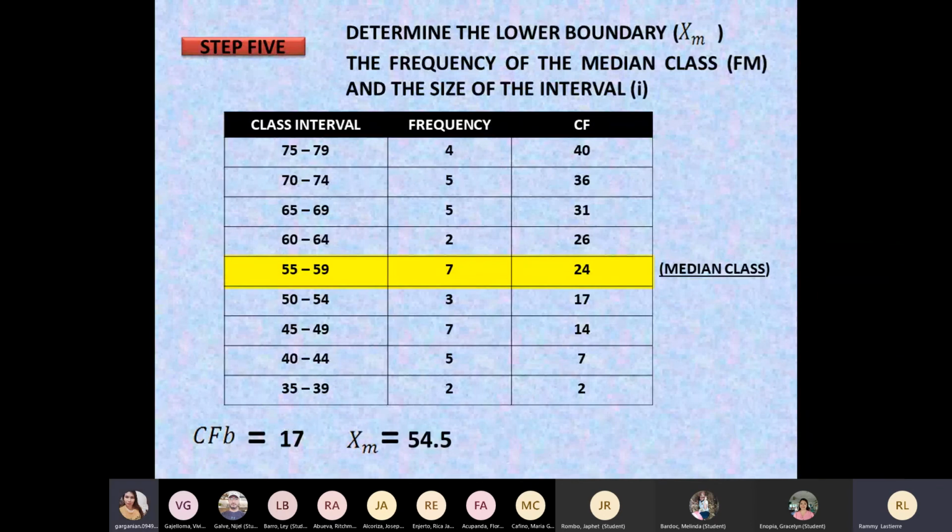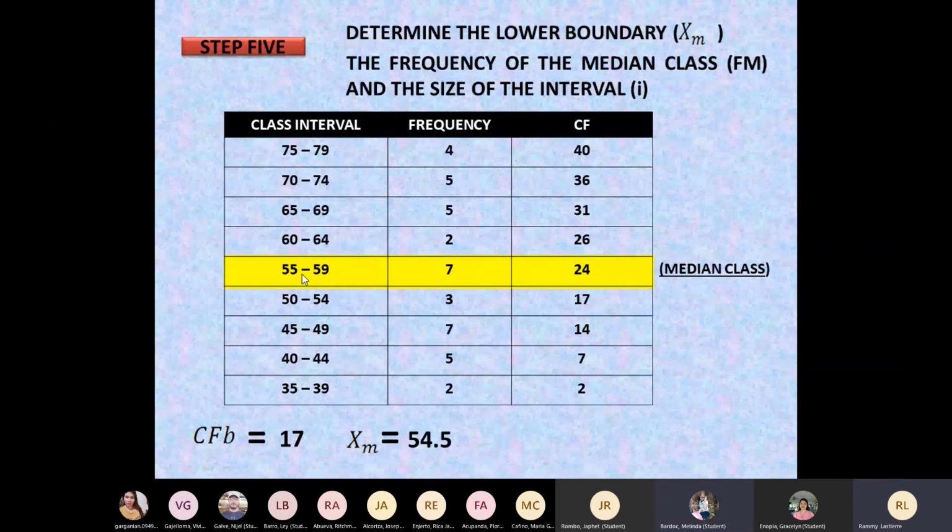Now, 54.5 is the lower boundary of the median class. Why 54.5? Our lower limit is 55.